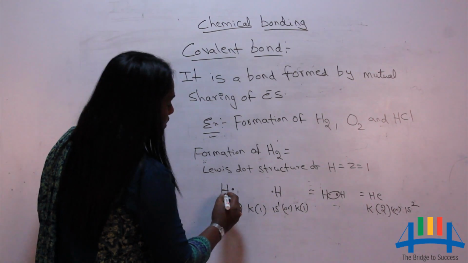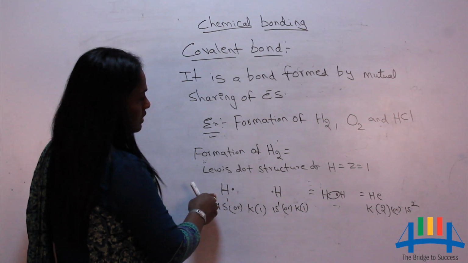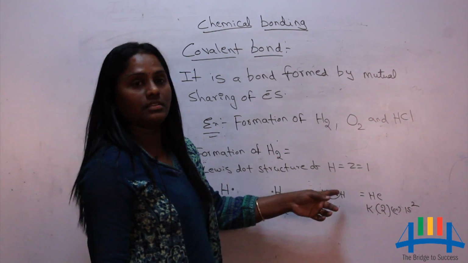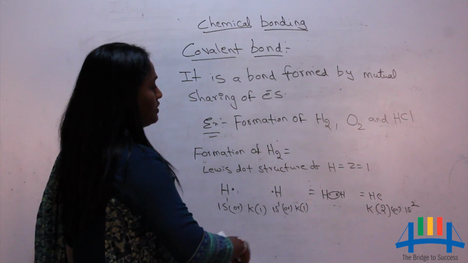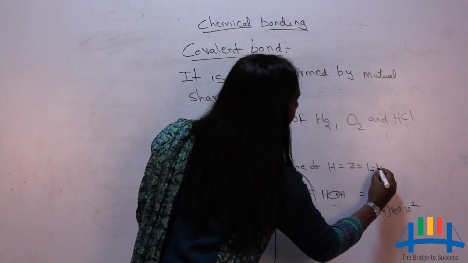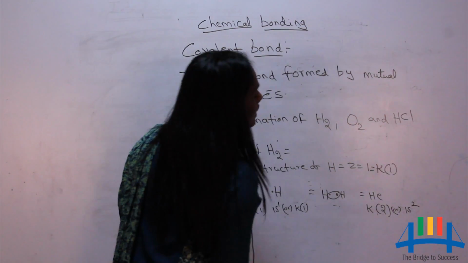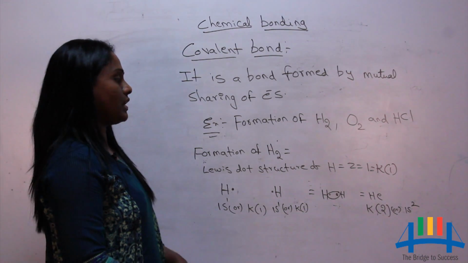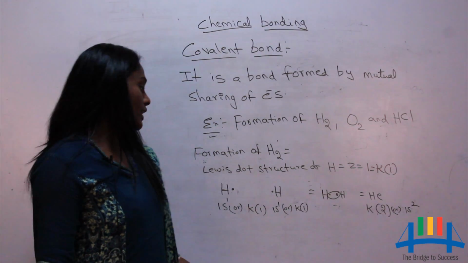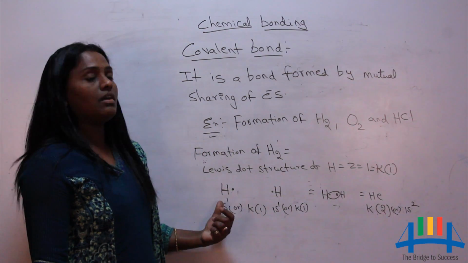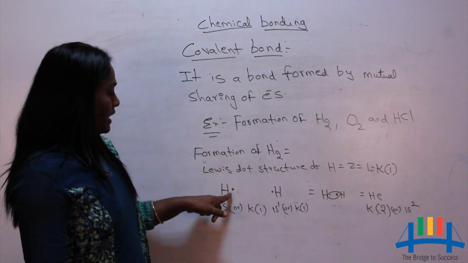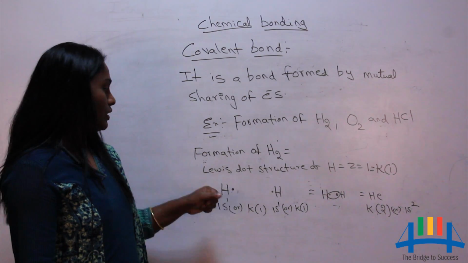Now draw the structure of hydrogen. The valency of hydrogen is 1 because its configuration is K1. The last shell of hydrogen is K, in which only one electron is present. I am taking that electron as the valence electron, and I represent it in the form of a dot.